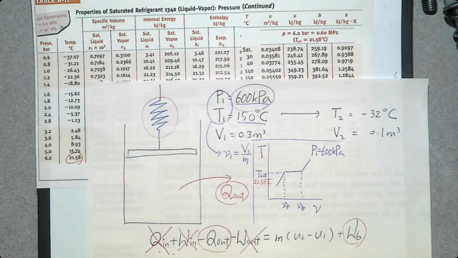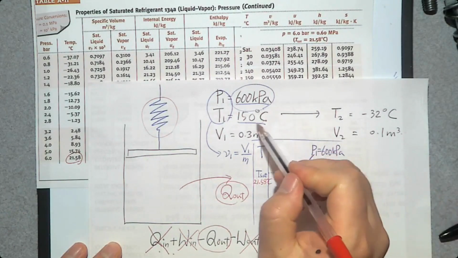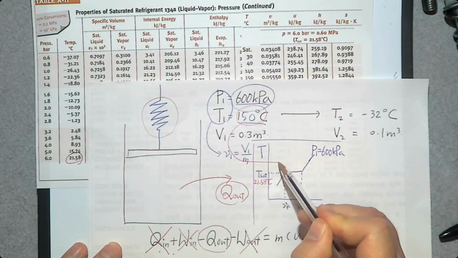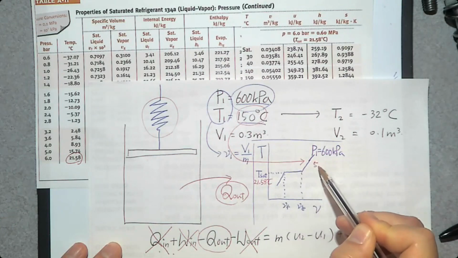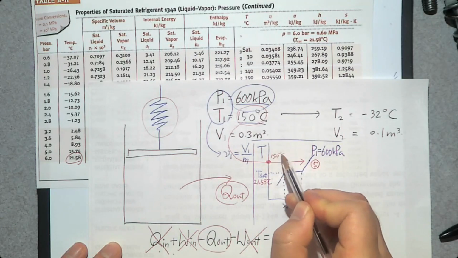We know the temperature of our system, 150, and T sat is only 21. Where is 150? Up here. So what is the phase change process? Superheated. So we have 150 degrees Celsius somewhere up here, phase change process number 5.